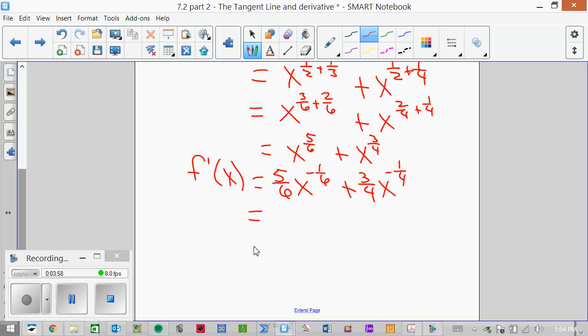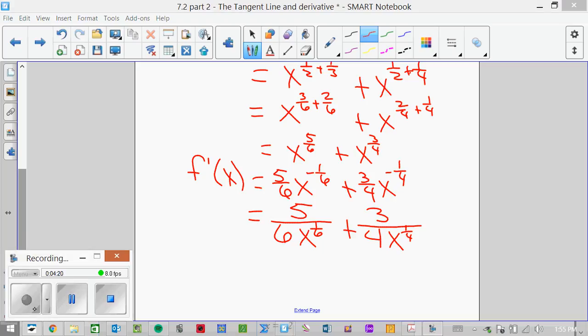So now I just need to simplify. 5 stays in my numerator, 6 stays in my denominator, and x comes down and the exponent changes to positive. 3 remains in my numerator, 4 remains in my denominator, x joins it, and the exponent becomes positive.